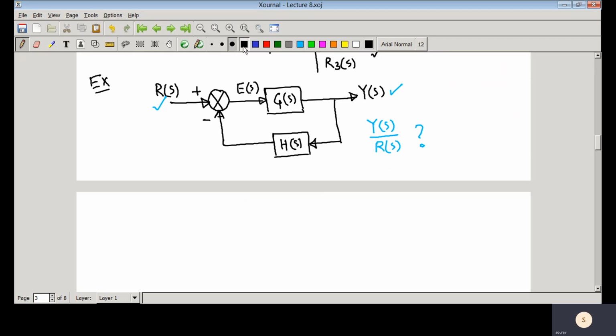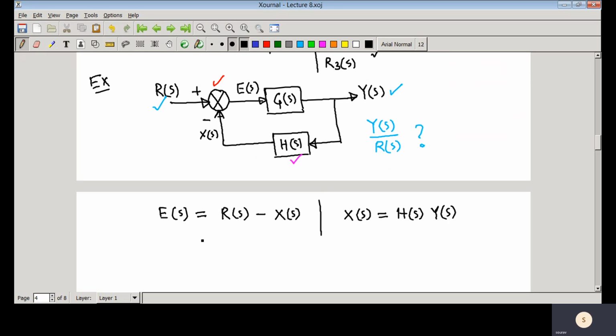So you can see here that E(s), that means if you see the comparator here, in case of this comparator, E(s) equals R(s) minus, so this signal suppose is X(s), so R(s) minus X(s), and then this X(s) is equal to, so here you can see that the output equals H(s) into Y(s).